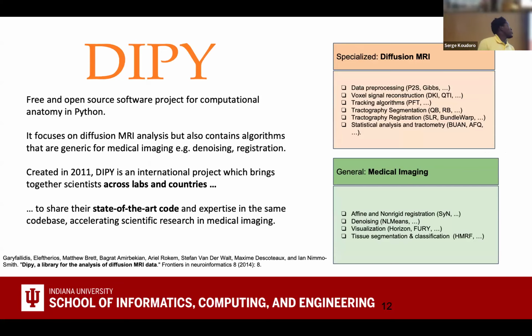DIPY had to be free, open source, develop all the state-of-the-art diffusion MRI algorithms, and be self-explaining. So now, if you go to DIPY open source, you can read it, the code should be very easy to read, and the algorithms should be straightforward for any user.